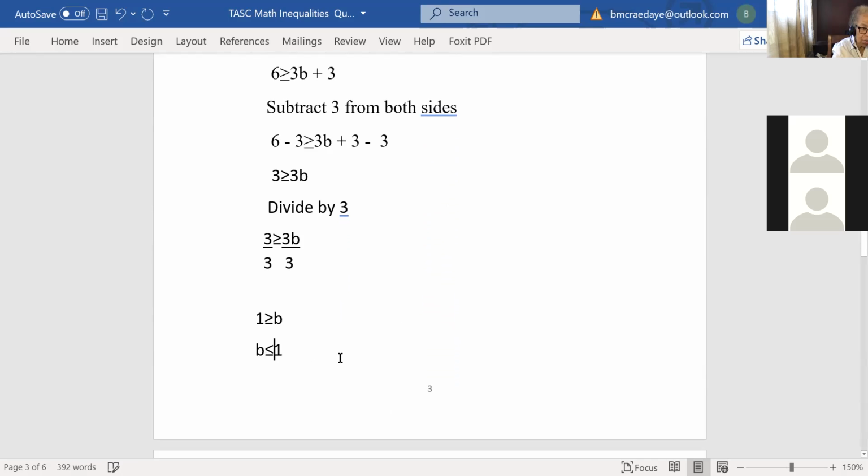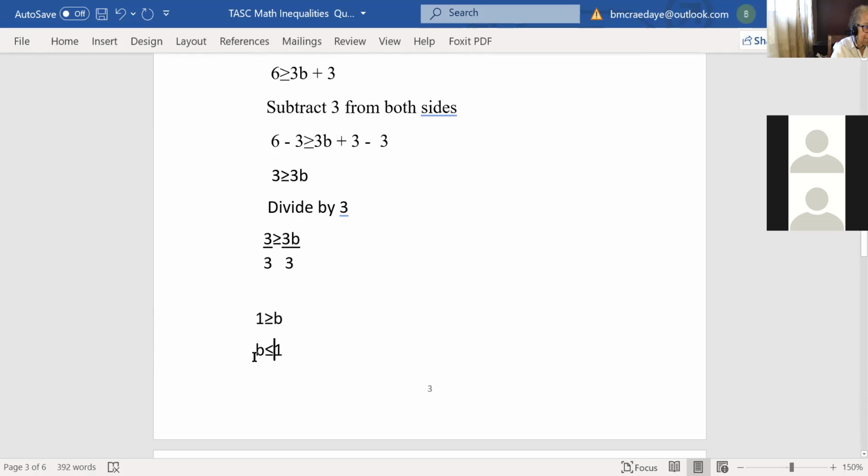Just remember that whenever you have a value greater than or equal to another value, if you reverse the inequality symbol, then you switch the direction, switching the variables or numbers.